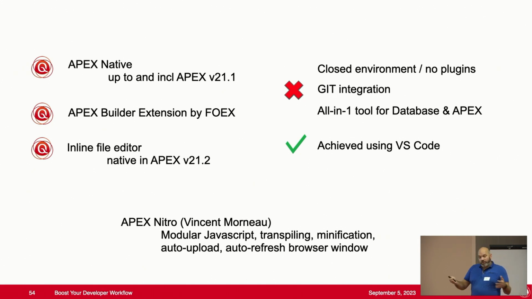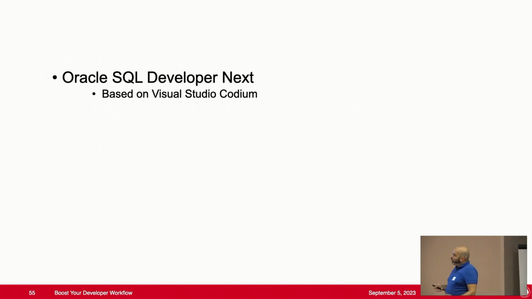But if you're talking about working with Visual Studio Code and Apex, what's coming up? I'm still waiting for a new version of SQL Developer Next, which is basically an open source Visual Studio Code modified for the Oracle database and all the things we could do. So this team is creating their own Visual Studio Code environment, so we can do all the things we do with SQL Developer, but in the other tool.